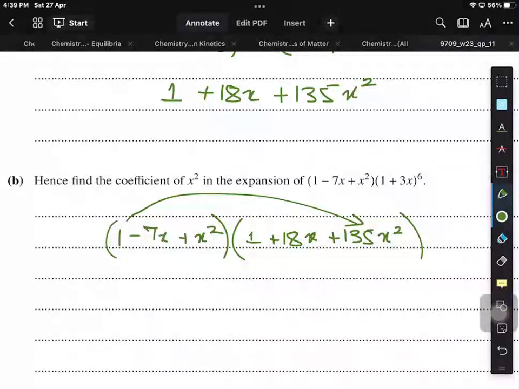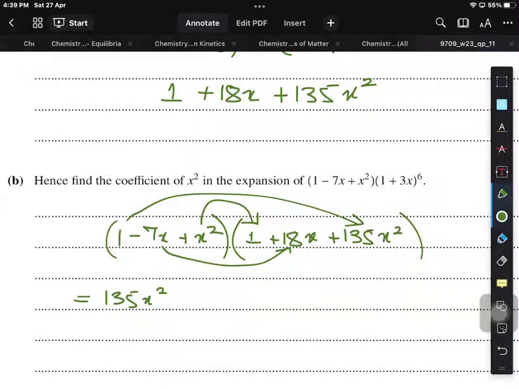Then we have this 7 minus 7x. If you multiply this minus 7x by this 18x, we would also get something in x squared. And then x squared times 1 is x squared. So that is what you want. So let's multiply these: 1 times 135 is just 135x squared, and then minus 7 times 18.